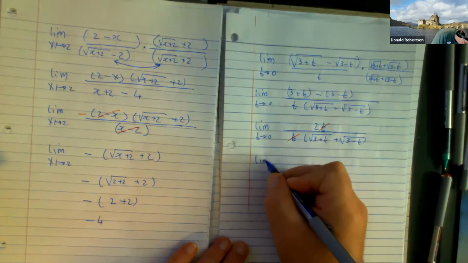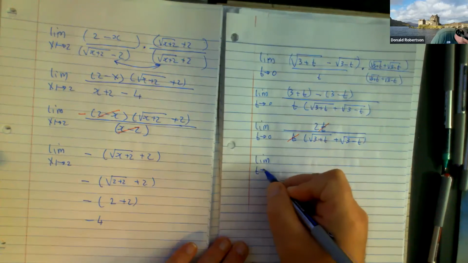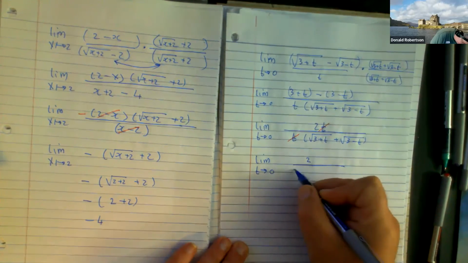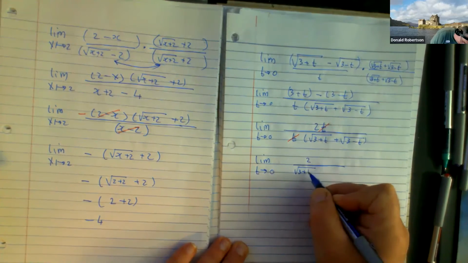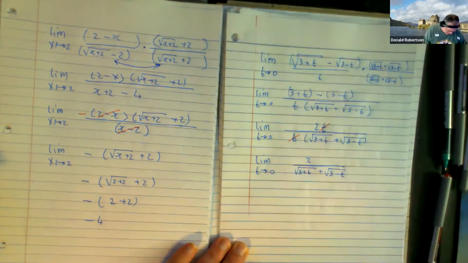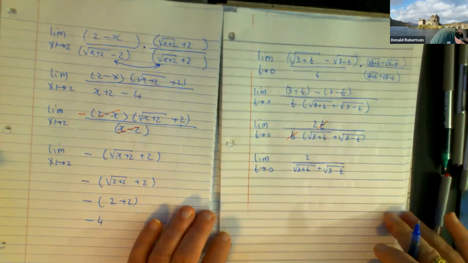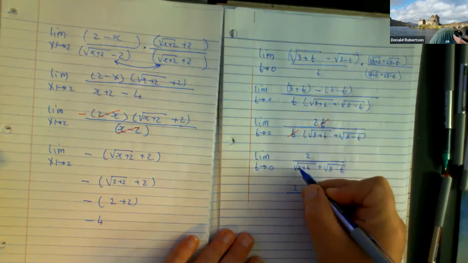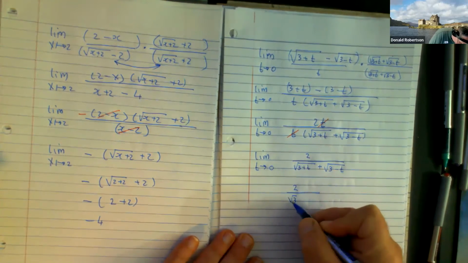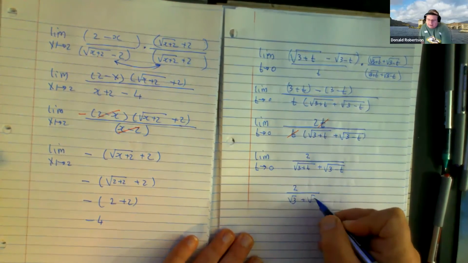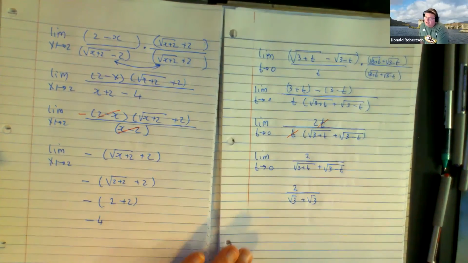And we can now do the limit as t tends to 0 of what's left. And we plug in 0. Square root of 3 plus nothing is just the square root of 3. Square root of 3 take away nothing is still the square root of 3. And we're looking at that answer.